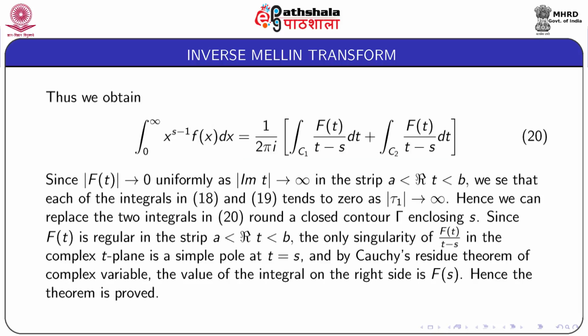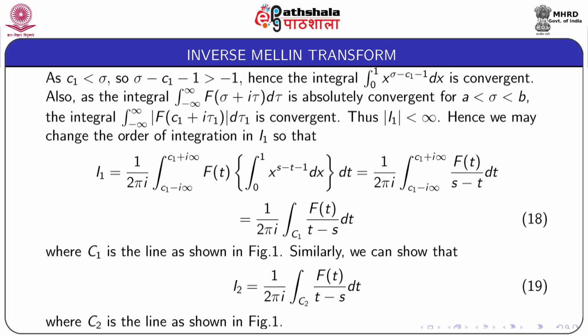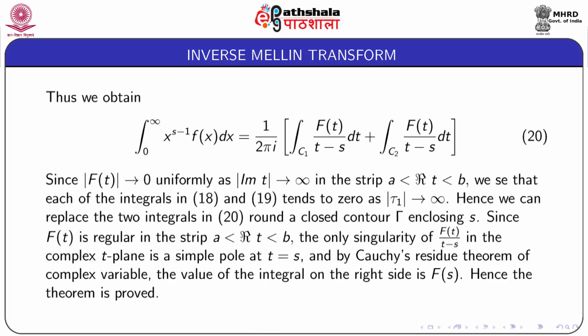Since capital Ft tends to 0 uniformly as imaginary part of t tends to infinity in the strip a less than real part of t less than b, we see that each of the integrals in 18 and 19, these two integrals, tend to 0 as mod tau 1 tends to infinity.